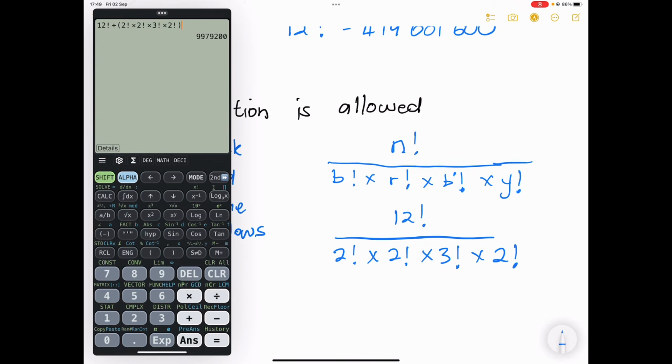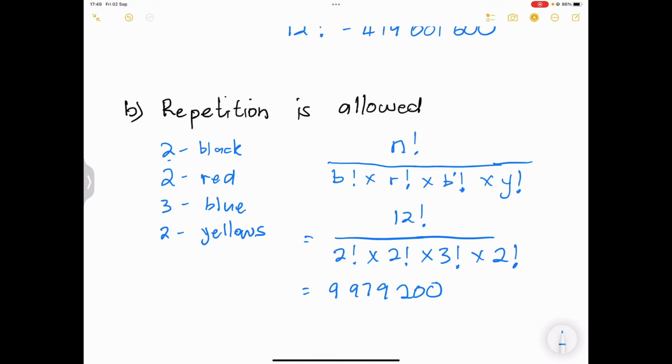And the number of possible outcomes, or combinations, that I would have is 9,979,200. So that's the number of possible outcomes if we are factoring in repetition. I hope that makes sense.